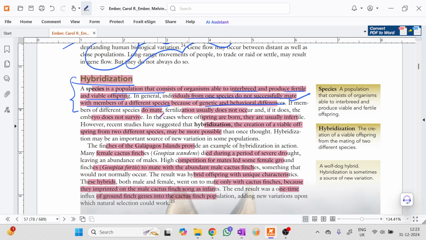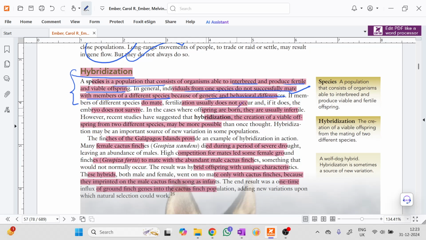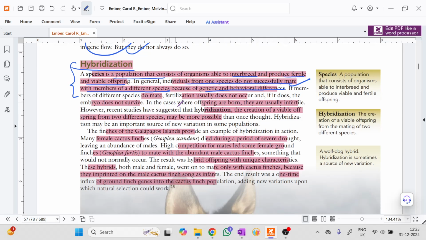So that's why humans cannot produce offspring with horses and donkeys and elephants and other species. It is because of both genetic and behavioral differences. And even if they can mate, such fertilization will not occur. And even if fertilization occurs, the embryo will not survive. And even if the offspring are born, they are usually infertile.